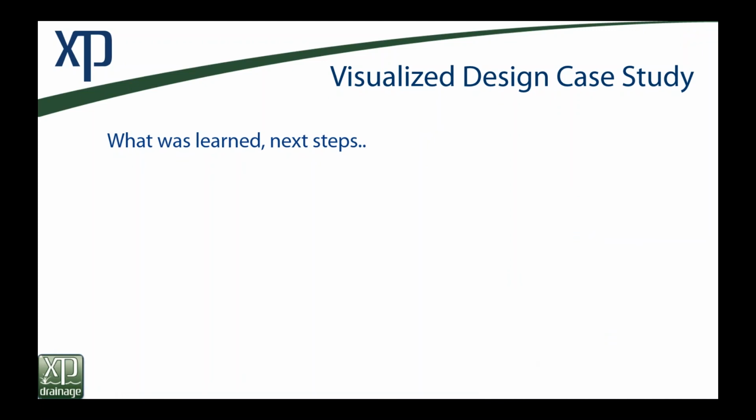So perhaps the most important part, what was learned? What are the next steps? I often call what this case study was a detailed schematic design. Kind of a misnomer. But again, this was a very preliminary assessment. This is a first pass on proving if this would work, in this area, for this type of client, if green infrastructure would make the kind of improvements that would be desired.